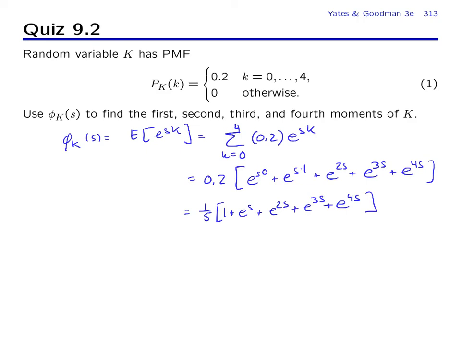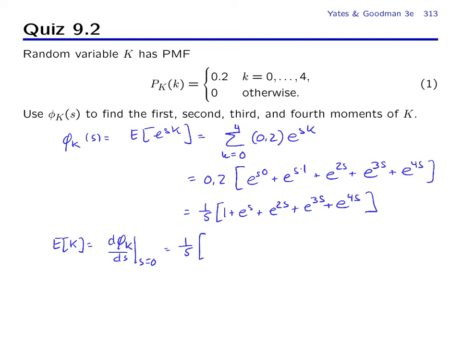And so if we use this to find the first moment, then we can say, well, E of K is equal to the derivative of the moment generating function evaluated at s equals 0. And the derivative is simple because each e to the something s has a simple derivative.